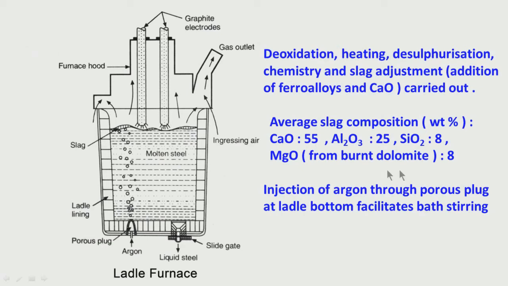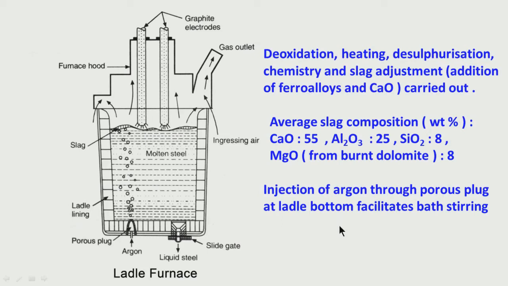This is coming from the burnt dolomite, which is the ladle lining. There is a refractory lining. This is called the ladle lining here. This portion, ladle lining, is made of burnt dolomite. So, some amount of MgO might come, and it actually comes from this refractory erosion. So, some amount of MgO will be there in the slag.